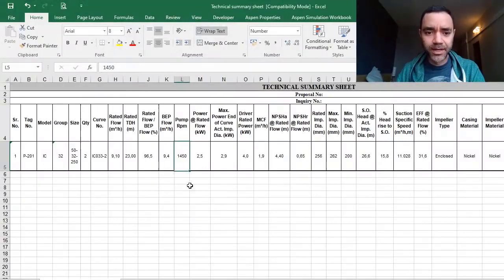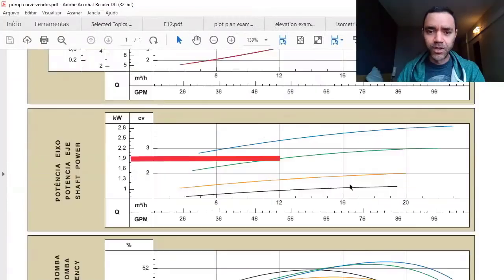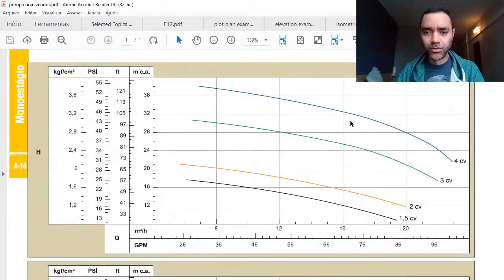There is the pump RPM, and it is important if you consider using a speed driver to control the pump curve. If you have a speed driver, you are able to have different curves for your pump with the same impeller. So it is an option instead of changing or shifting the pump impeller, you can use the speed driver.